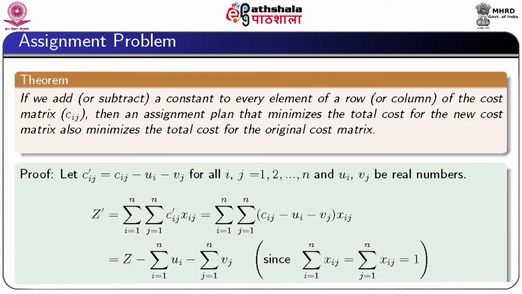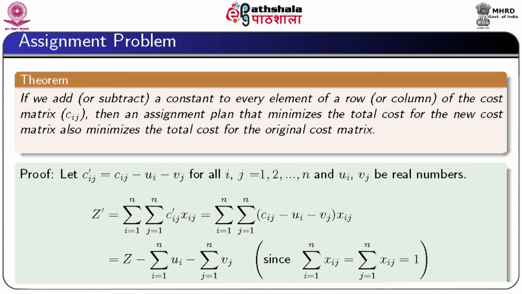We now state some important results which will be required to develop some solution algorithm. First, suppose that in an assignment problem, we add or subtract a constant to every element of a row or column of the cost matrix Cij.